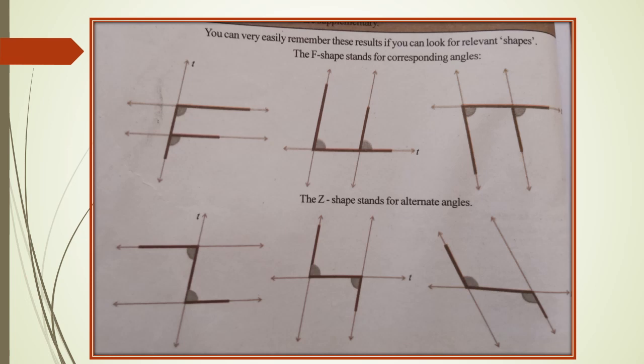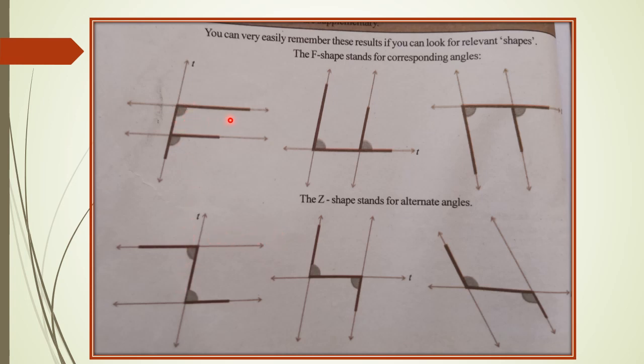Children, you can very easily remember these results if you look for relevant shapes. The F shape stands for corresponding angles. In the figure you can see these are the parallel lines and T is the transversal. In every figure we can see two parallel lines intersected by a transversal.